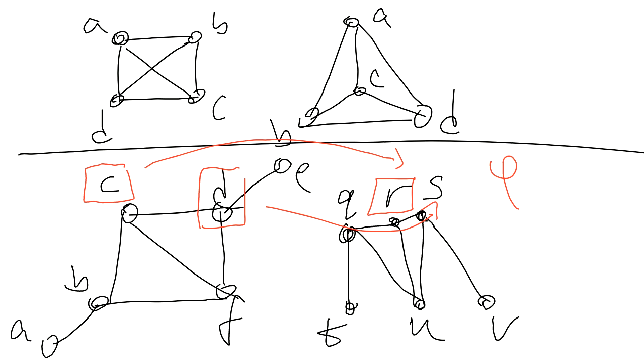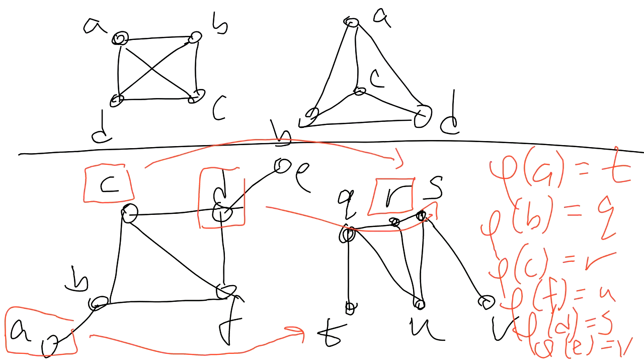So phi of A is going to tell us what A is to be paired up with. Well, a natural choice is to pair A up with T. If you look at this carefully, it turns out you could actually pair A up with V. There may be more than one choice, but the isomorphism has to settle on one of them.